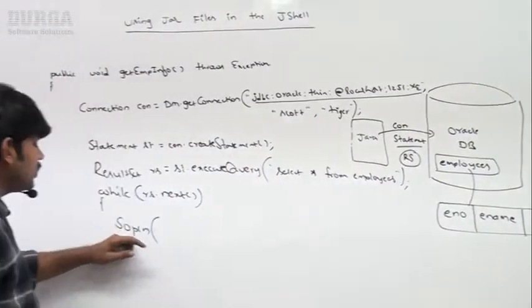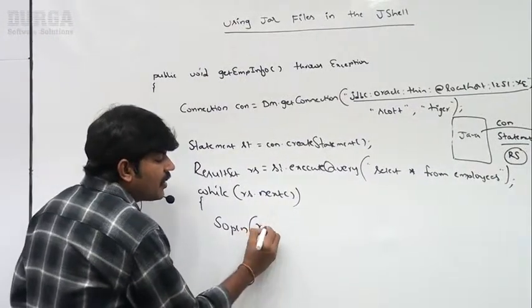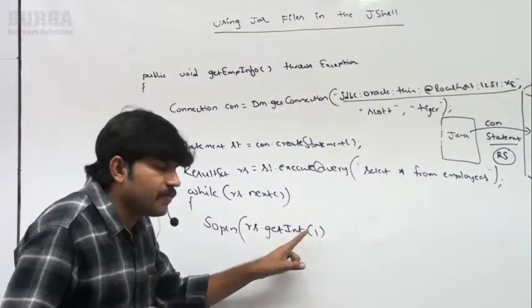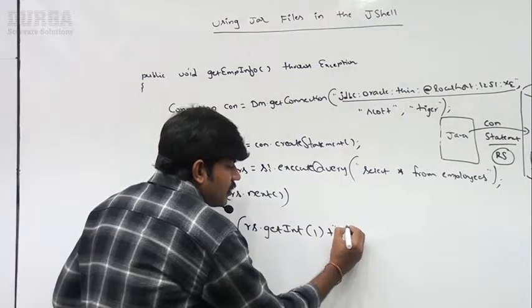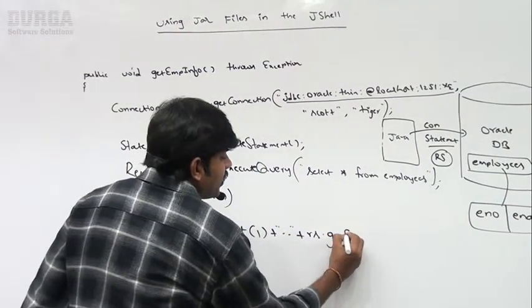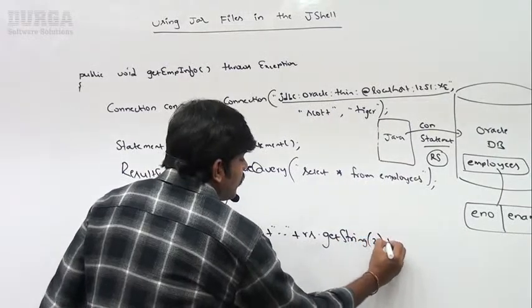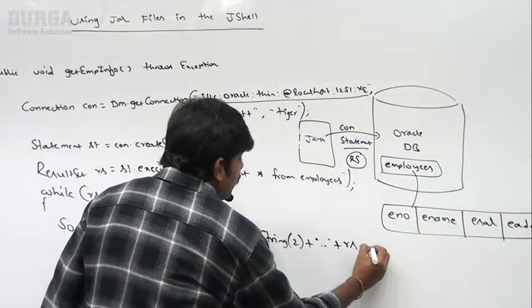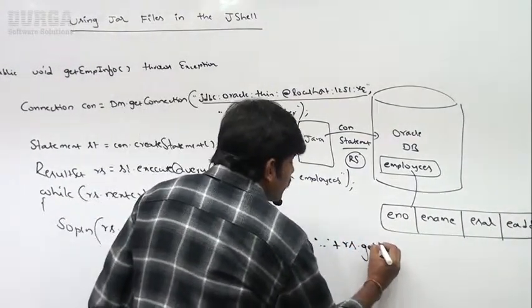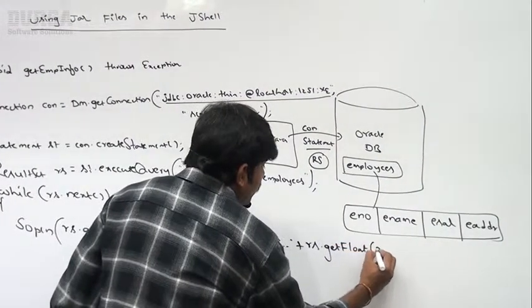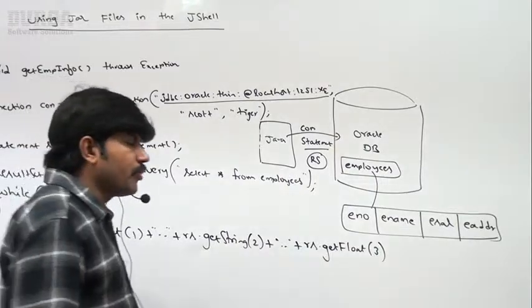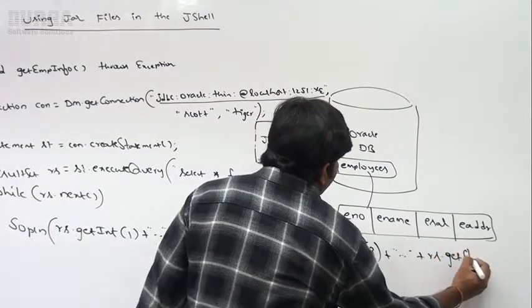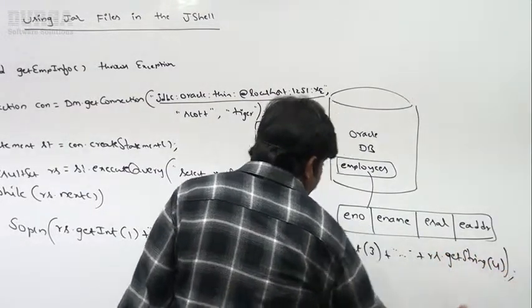Now what I'm taking: System.out.println, sir, rs.getInt(1), because employee number is always int type, plus rs.getString(2), the employee name, plus rs.getFloat(3), because employee salary is a float type, or you can take double, plus rs.getString(4), the employee address, right?